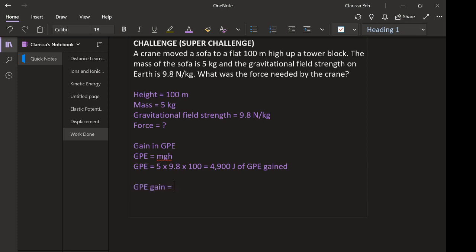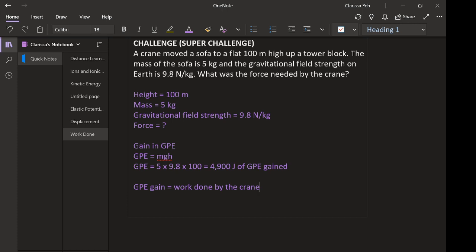And that 4,900 number is my gain in gravitational potential energy. Therefore, that is the work done by the crane because that was our energy transferred to the sofa.